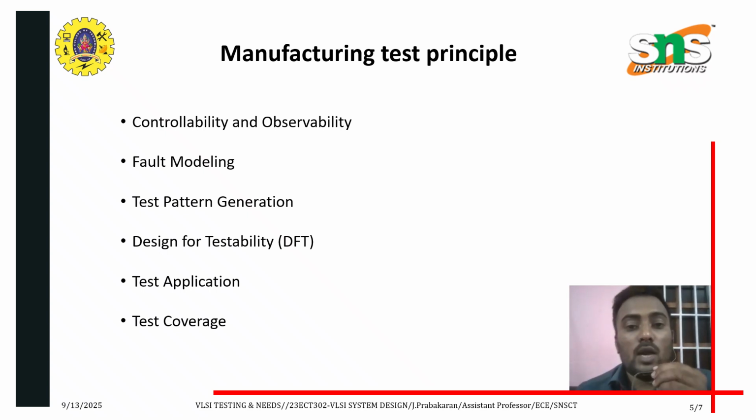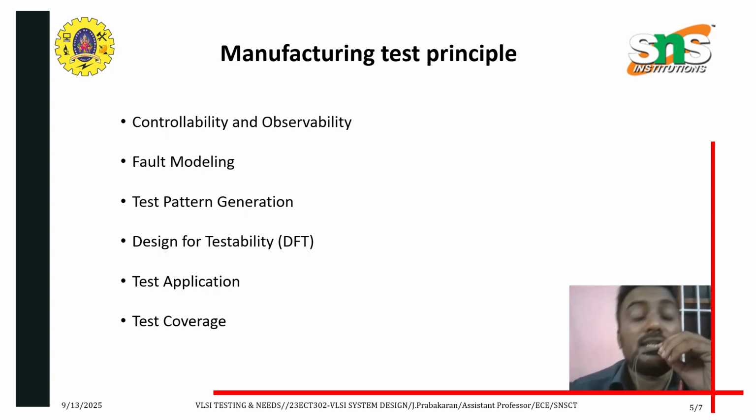And second thing is fault modeling. What is meant by fault modeling? Use abstract fault models like stuck-at fault and bridging fault to represent physical defects. Testing focuses on these models to reduce complexity. And third thing is test pattern generation.